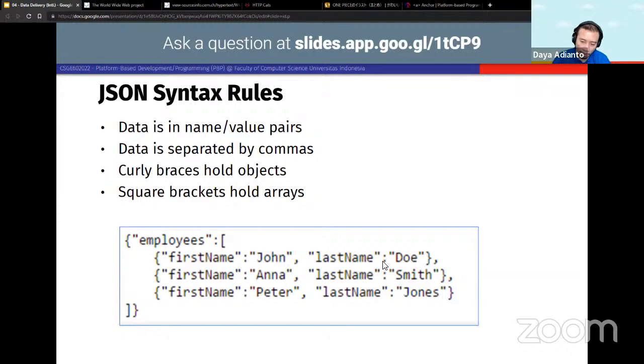That object can be another object that may contain several attributes, or it can be a list of objects or a list of literal elements in the JSON string.